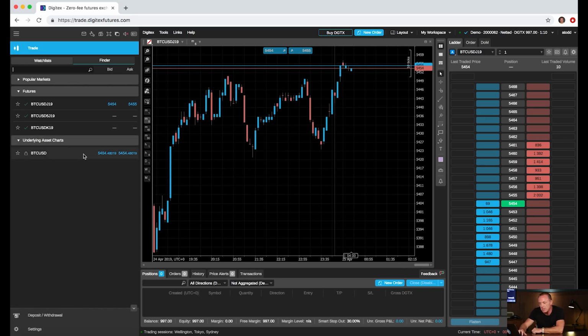You can have this menu open, and under here, you can see the Bitcoin USD price. Here we've got a bid and an ask. This is the spot price, so it's not tradable, and it doesn't have a bid and an ask. So I'm like, well, can we just have the 24-hour change and just the price? No, we can't do that. It has to be the bid and ask because we can't change that. So it's a spot price with a bid and ask, and the bid and ask is the same.